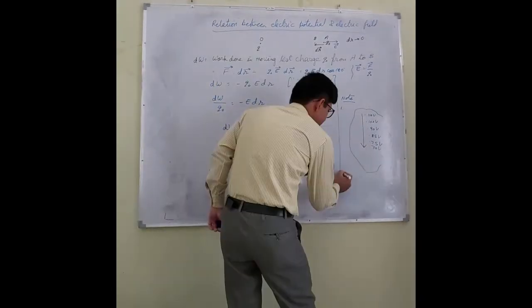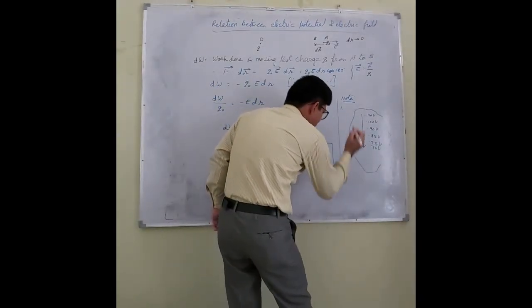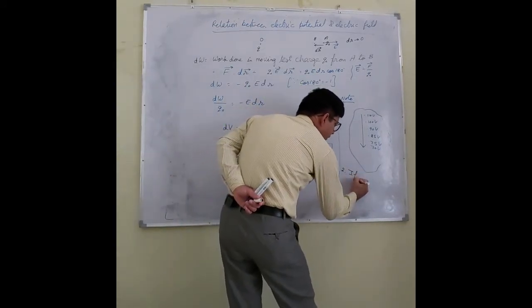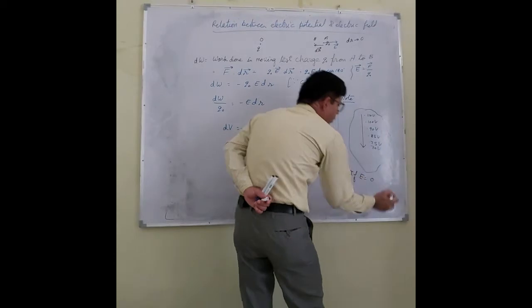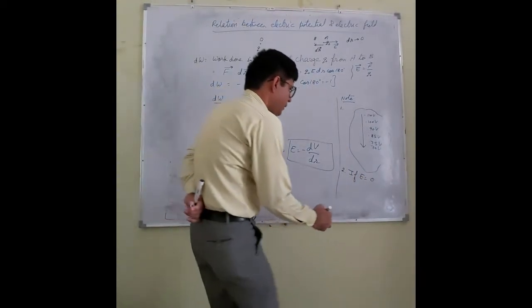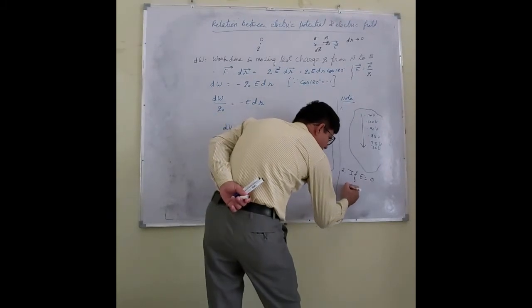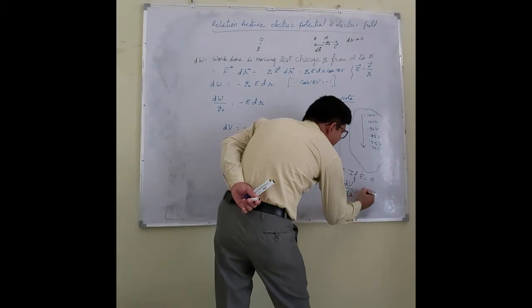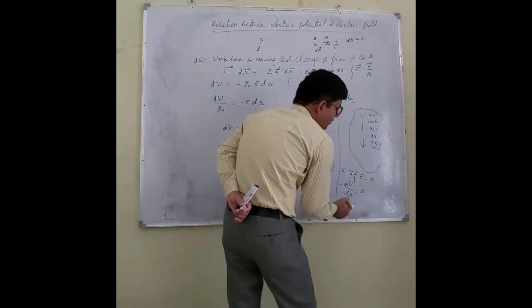Second point. If E is 0, let us say electric field intensity is 0 at a point, then dV by dr is 0. So what does it mean?